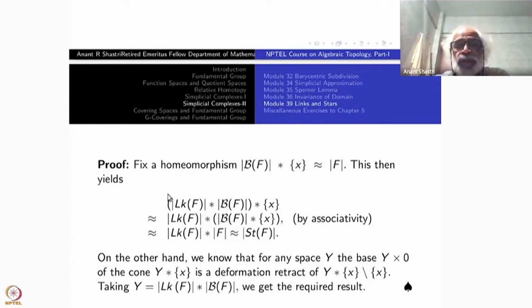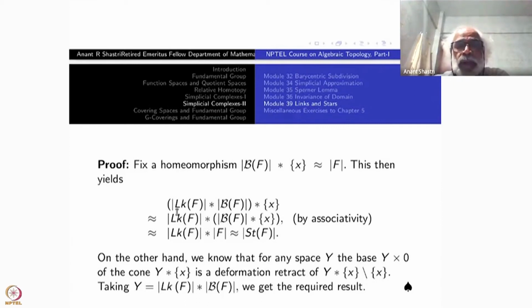So this is one way of looking at it. On the other hand, we know that for any space Y, the base Y cross 0 of the cone is a deformation retract of the entire cone minus the apex. I use that.